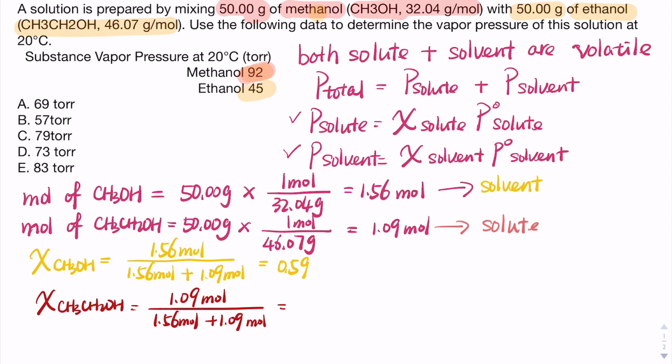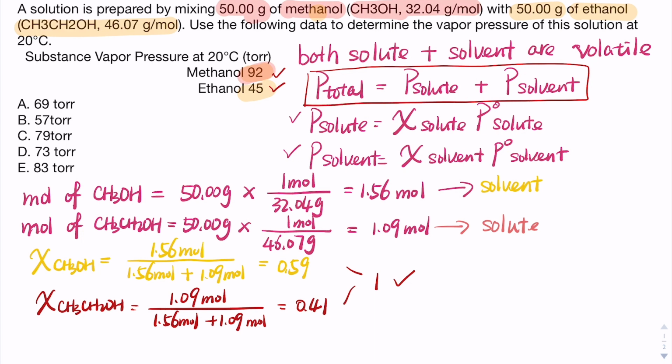This gives out 0.41, and these two numbers should add up to 1 because in this solution you only have these two components. Okay, so that checks out. That's good. Now the next thing, we just need to use these two mole fractions, along with the given information, and put them into this equation to finish our calculation.